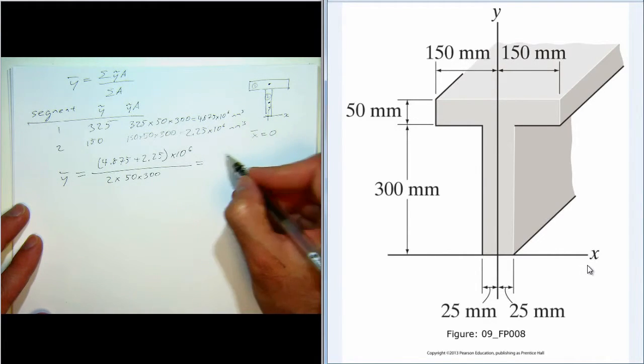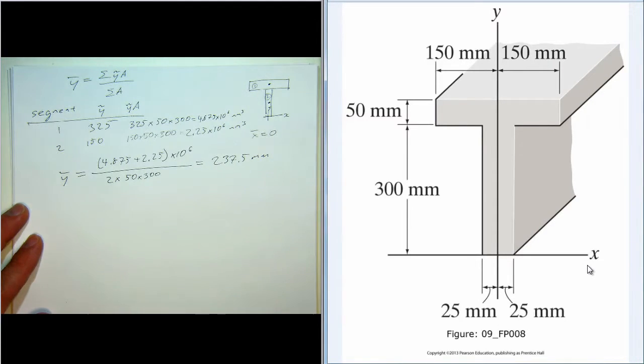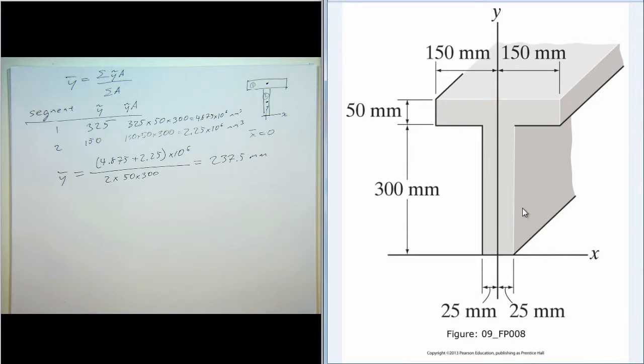And so that gives you that y bar is 237.5 millimeters. So if that makes sense, you'd want it that it's higher than halfway up this section 1.